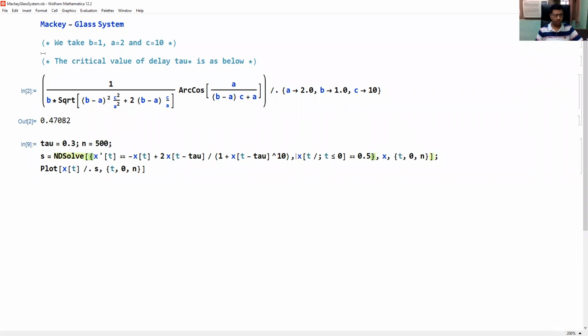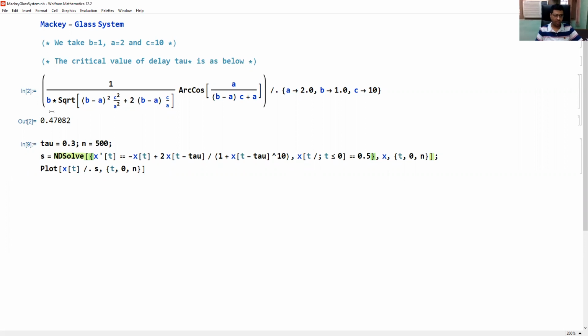So we take b equal to 1, a equal to 2 and c equal to 10 so that b is less than a. You may select your parameters and verify these results. First, we find the critical value of delay, that is tau star.